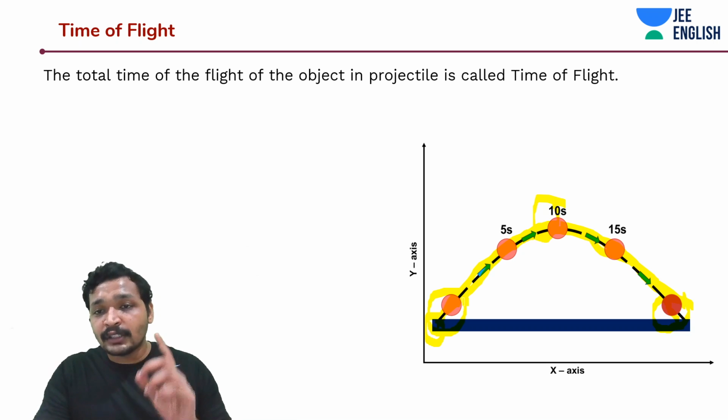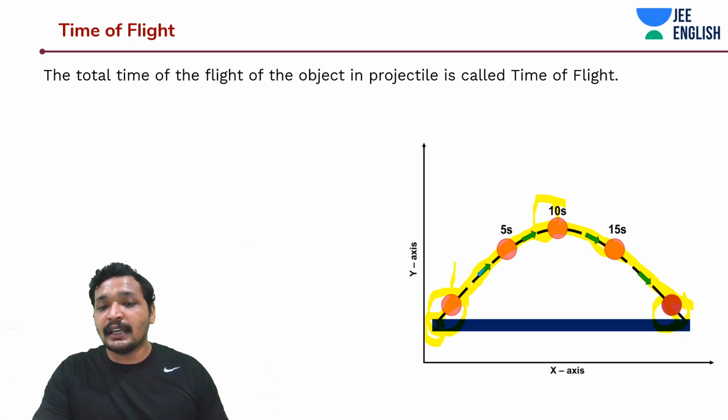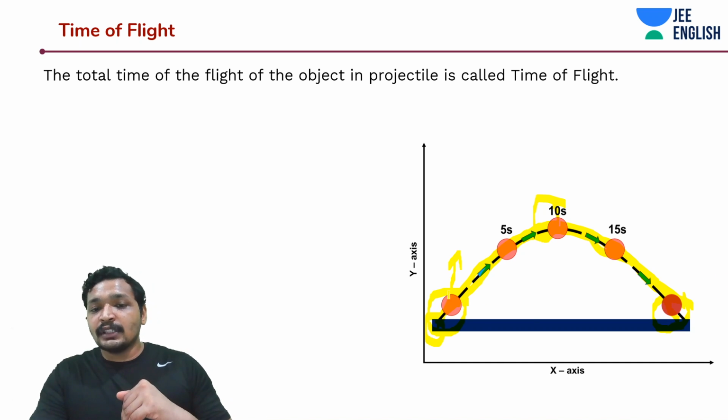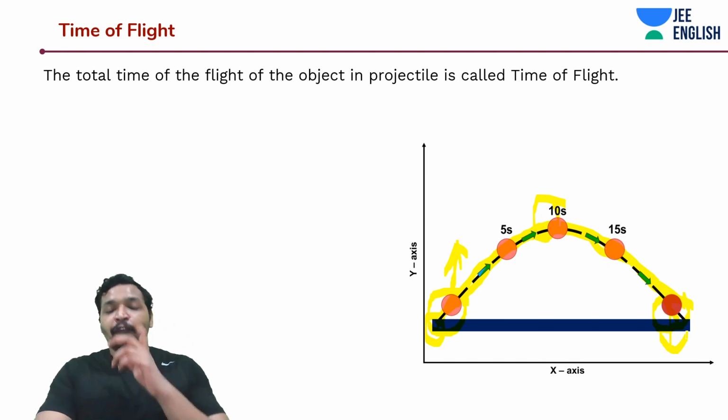I mean the magnitude, not the direction. The direction is reversed. You see this velocity over here, it's like this initially, and over here it will be like this. But the magnitude of velocity is the same.